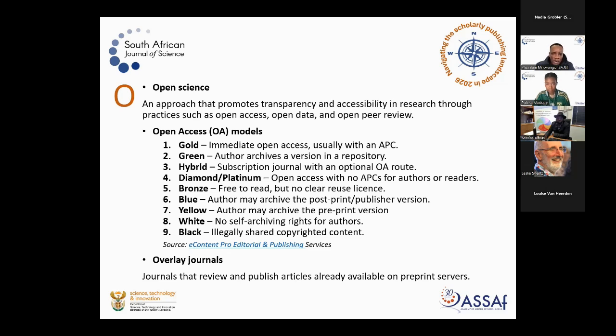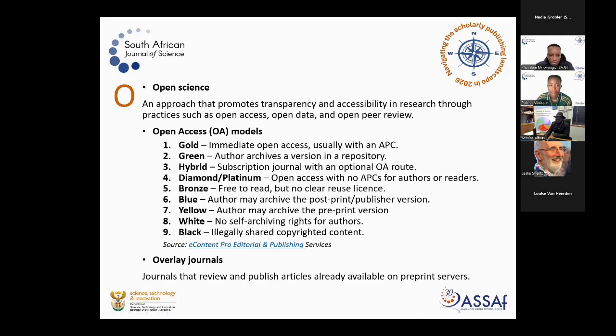Green, when the author archives a version in a repository. Hybrid, a subscription journal with an optional open access route. Diamond or platinum, open access with no APCs for authors or readers. Bronze, which is free to read but has no clear reuse license.